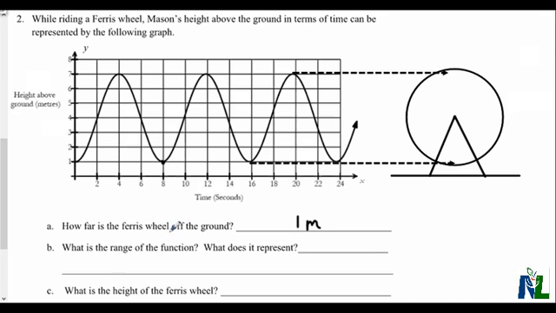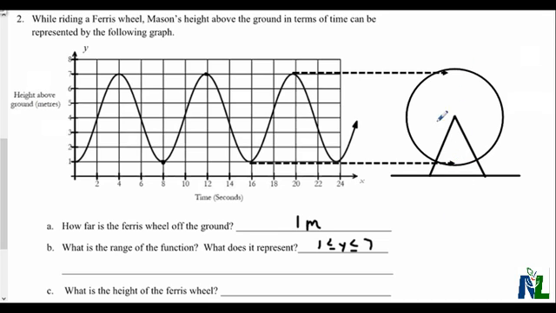And this says, what is the range of the function and what does it represent? The range of this function goes from 1 to a height of 7. So we go from 1 to 7 for our y values. And what it represents is essentially the diameter of this Ferris wheel.